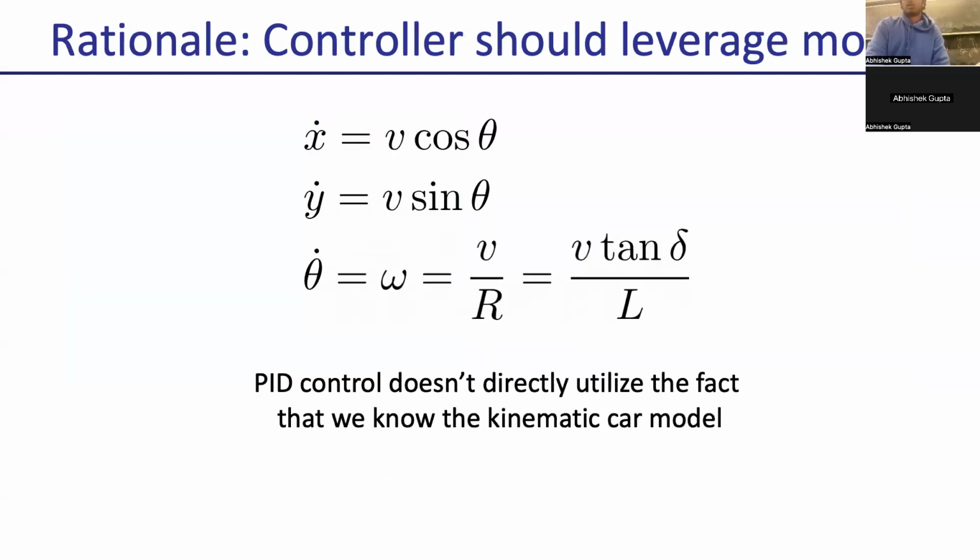The reason we want to do this as opposed to PID is that PID doesn't make use of a model of the world, a model of the car, and pure pursuit is making use of the model for this very particular class of vehicles, right? The class of vehicles where you can change the steering angle. Pure pursuit is specifically for that. It doesn't work for every system. And then we'll talk about LQR, which works for much broader classes, right?